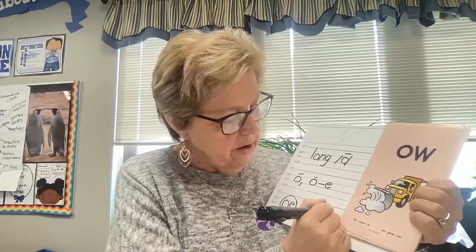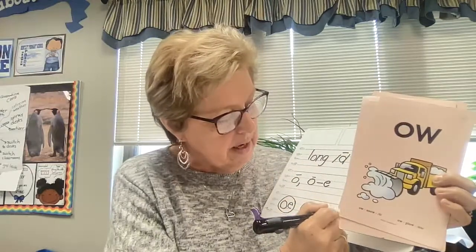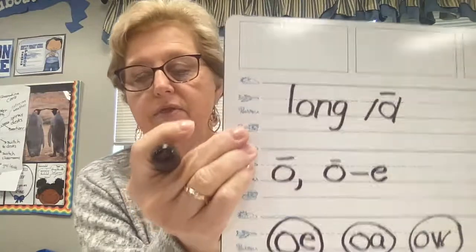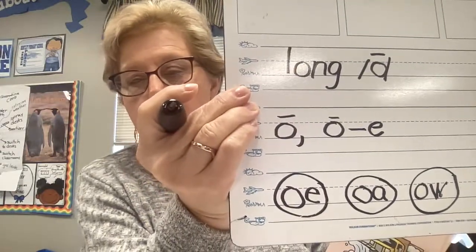Put it right here, O-W. Now, the interesting thing about the O-W sound is that it's not only O-W, snow, it can also be O-W, plow. It can be both sounds.